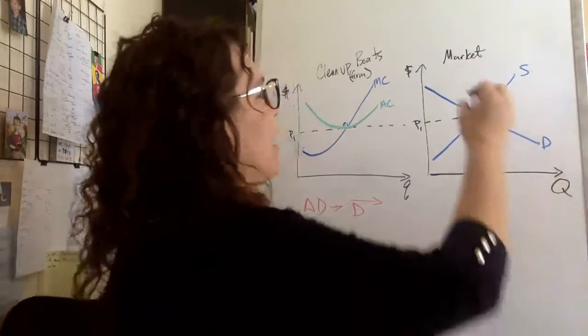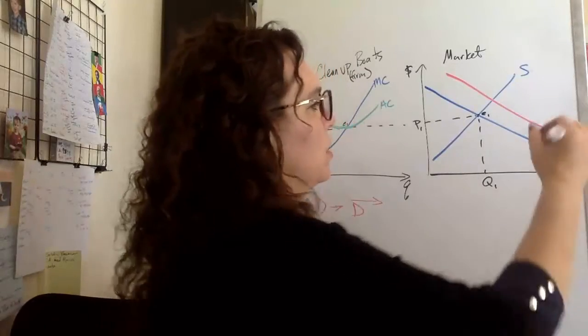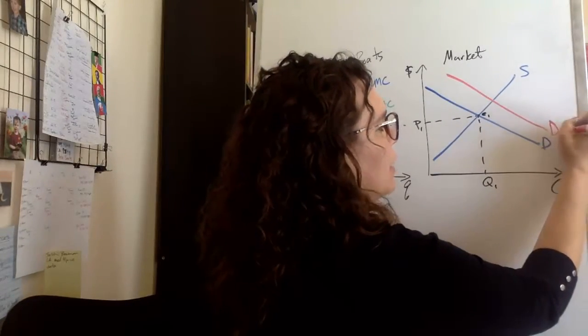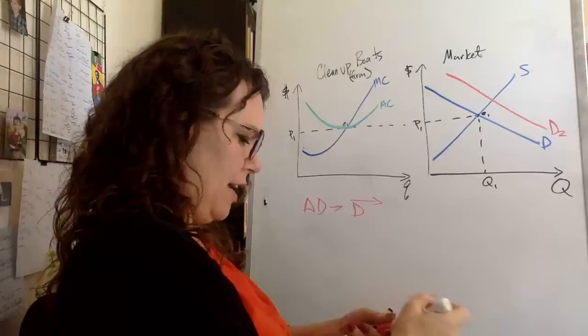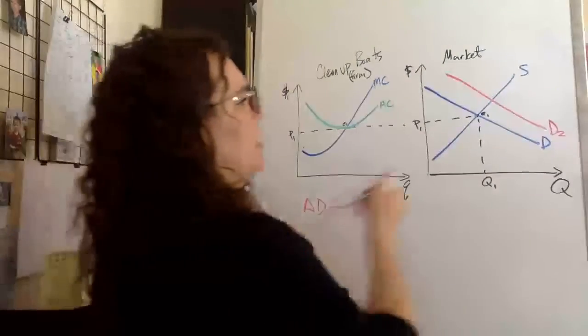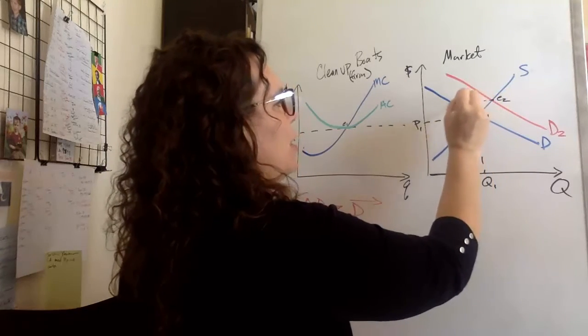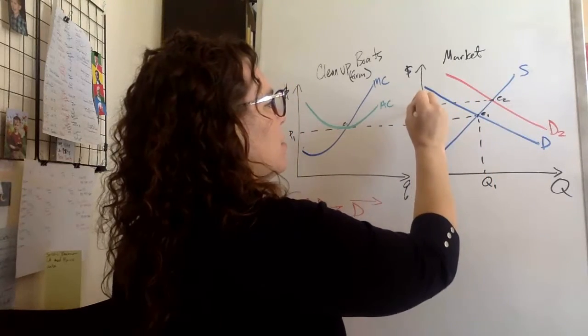So we can graph that effect, shifting that demand curve out. I'm going to call that D2. That gives us a new higher equilibrium point, E2, and a new higher price, P2.